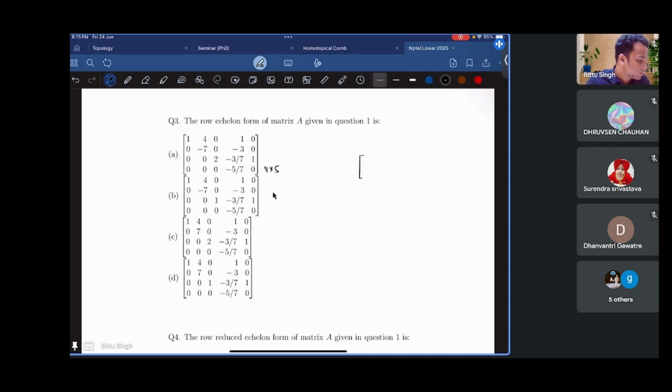For example, you can see 1, 2, 3, 4. Suppose A is a matrix like this. What can we do? We try to make it upper triangular, which is not always possible.